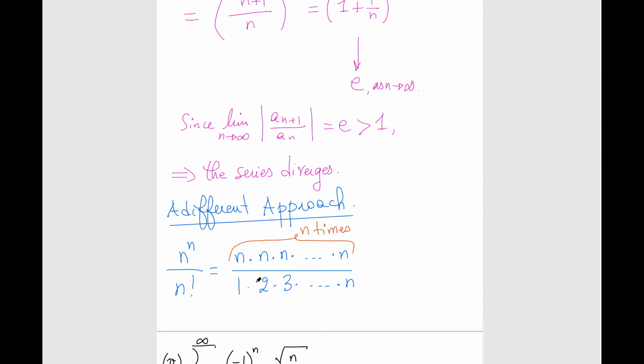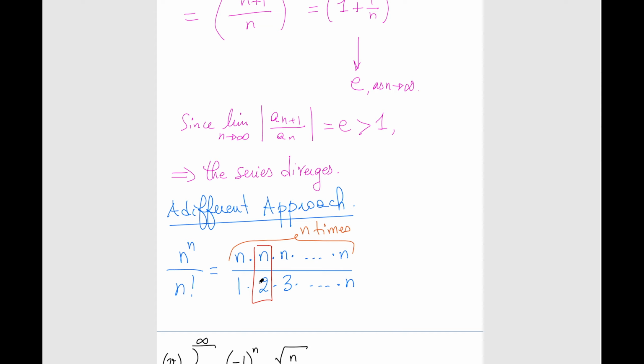Okay, all right. And the way we did it in the other lecture, the other video, what can we say about n over 2? Because we kept going, n is bigger than or equal to 2, right? Because when we wrote the n factorial, the assumption is n is bigger than 2.